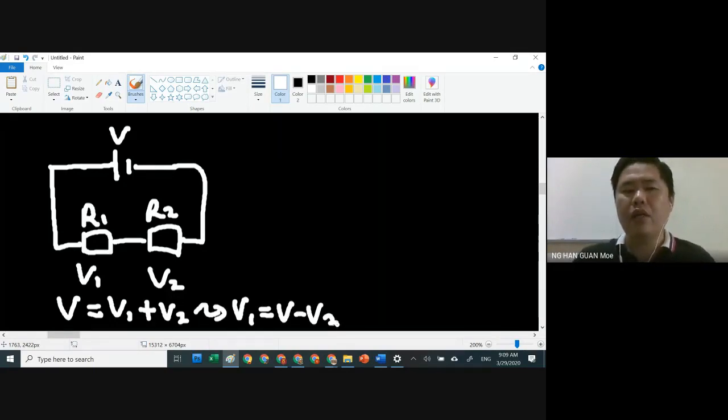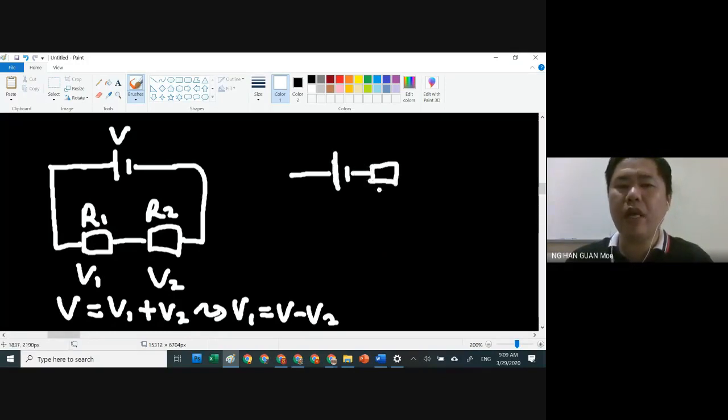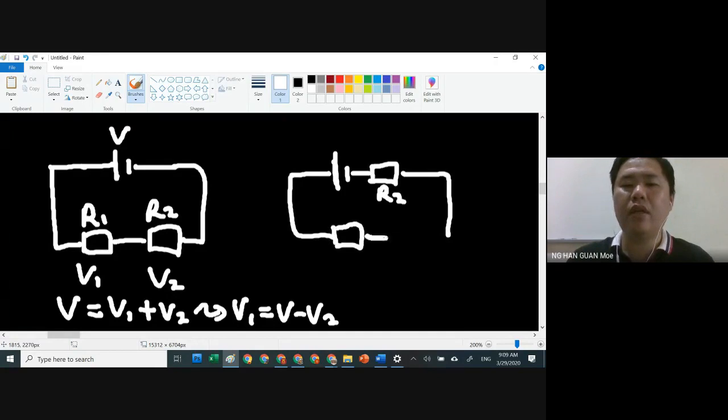Okay. So now if I try to change it a little bit, I put the output next to the V that I have, and I still have R1 here. When I connect the voltmeter across R1, I should measure V1, right?